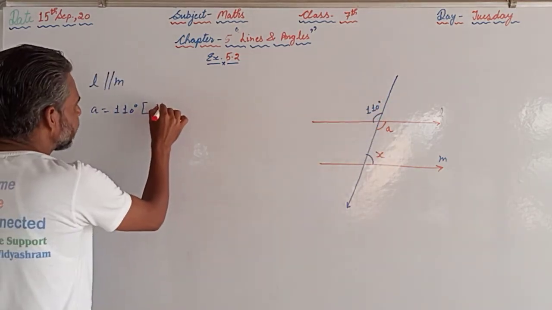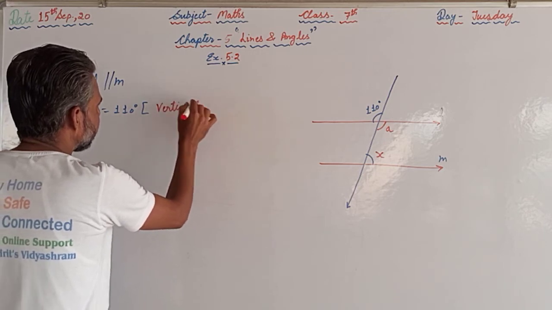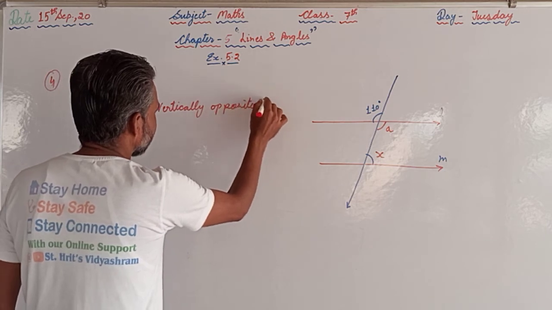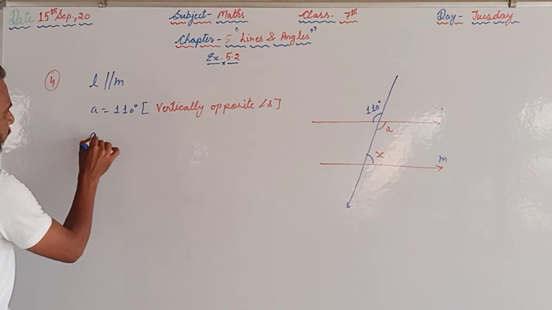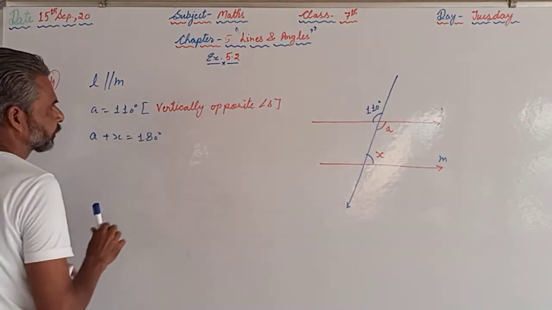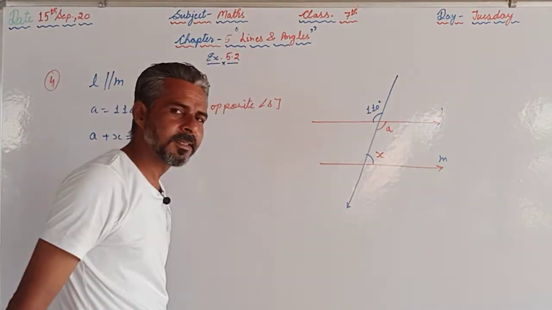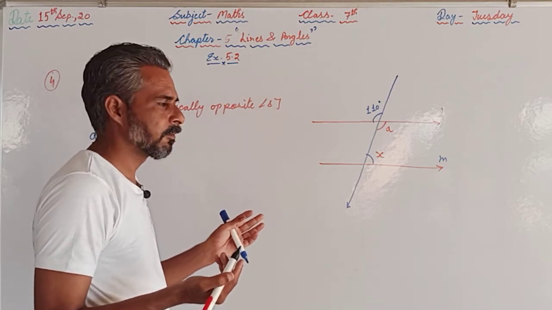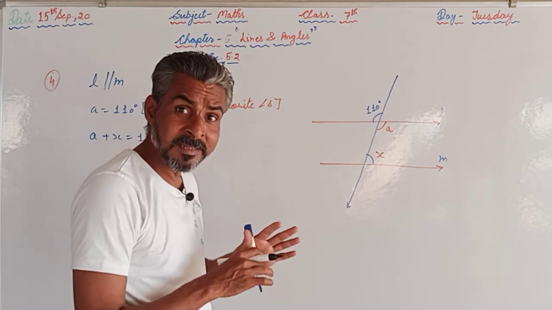Why? Vertically opposite angles, and A plus X will be equal to 180 degrees. A plus X is 180 degrees. Just before starting this question, we discussed that consecutive angles are the interior angles.